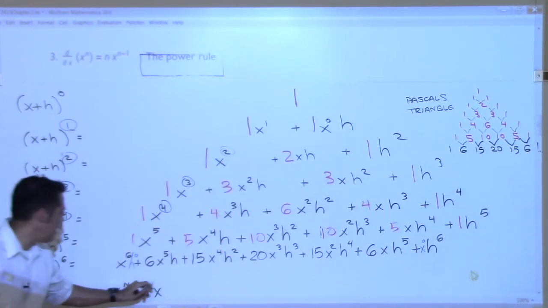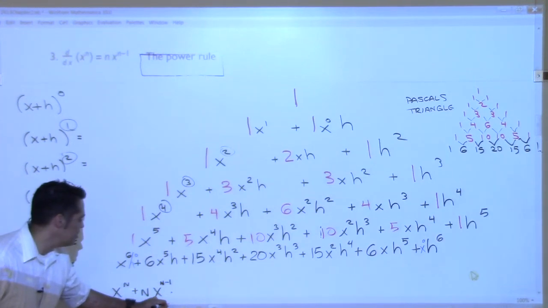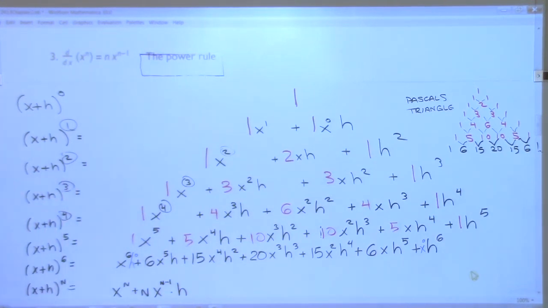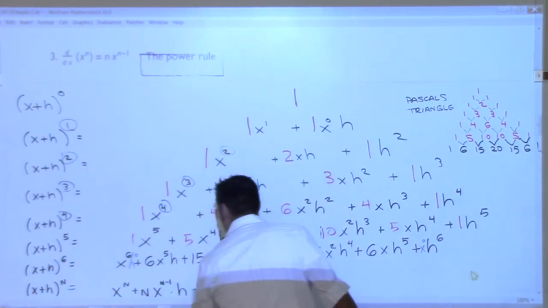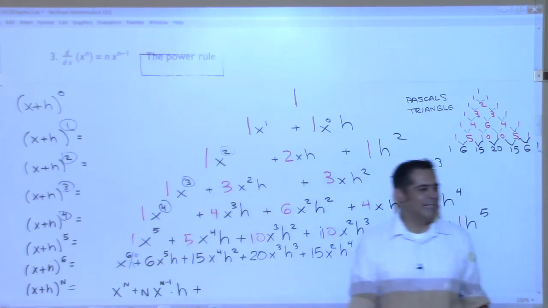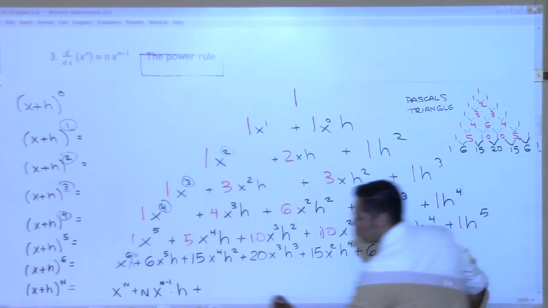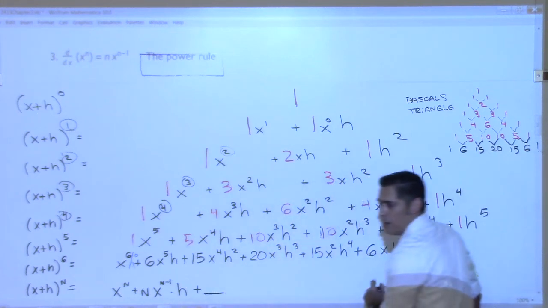But it's n, so I'm just going to have to write n minus 1. And then what about h? H. Agreed? Okay. Plus, now the next one, the number's going to be something off the triangle, but I claim we aren't even going to need it, so I'm going to leave a blank here because I don't know what the number is.